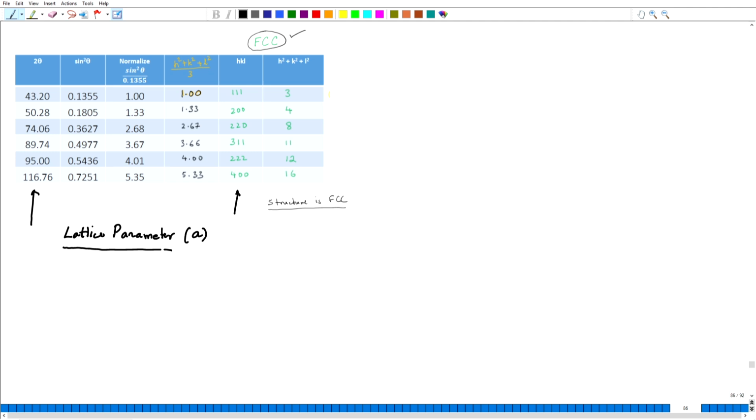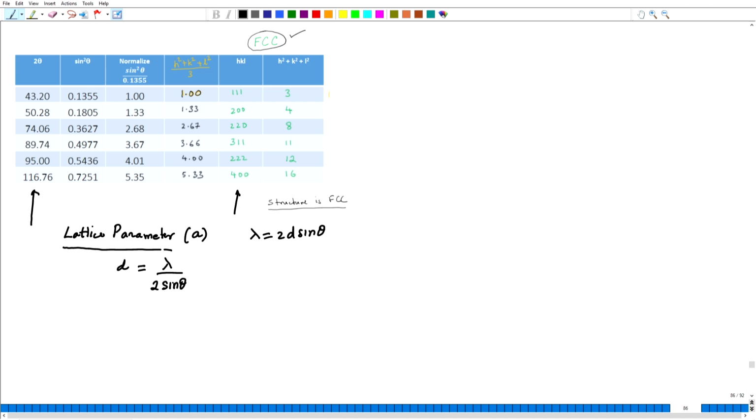In order to find the lattice parameter, we can go back to the Bragg equation, lambda equals 2d sin theta. From there we get the interplanar spacing as d equals lambda upon 2 sin theta.